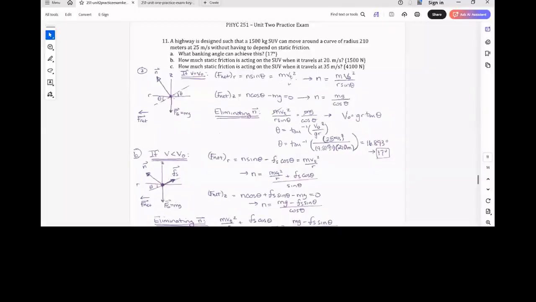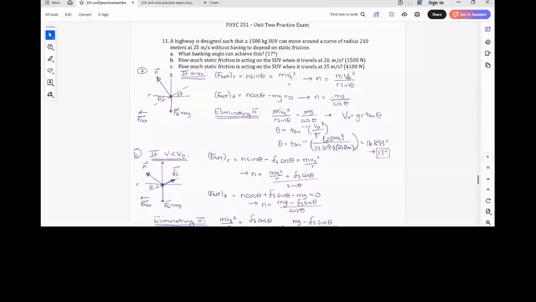Now, if I look at the z-axis, I can see that there's a cosine component of the normal that's unaccounted for, and that's going to balance out the gravitational force, which is just m times g. So n cosine theta minus mg is going to add up to 0 because the car doesn't accelerate up along the z-axis, nor does it accelerate down in the z direction.